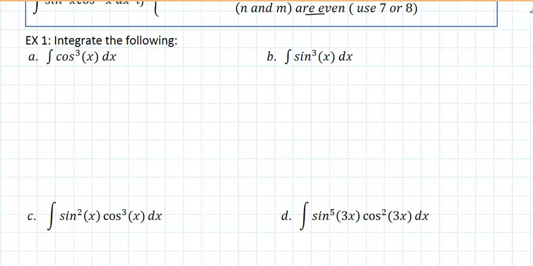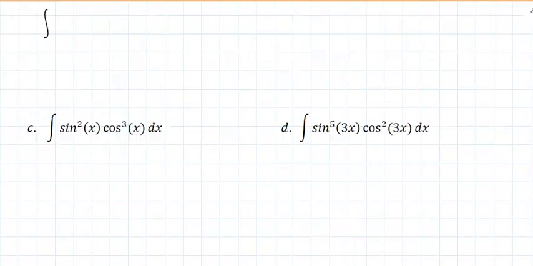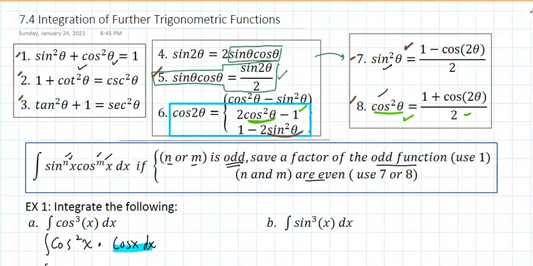If I want to integrate the cosine cubed, well, if it's odd, what you do is save a factor, meaning take a cosine of x out, and wouldn't that leave you with cosine squared of x? Keep in mind what you're doing. Every time they say save, this is really your du. And then what? Then use 1. What does 1 say? 1 says sine squared plus cosine squared equal 1.